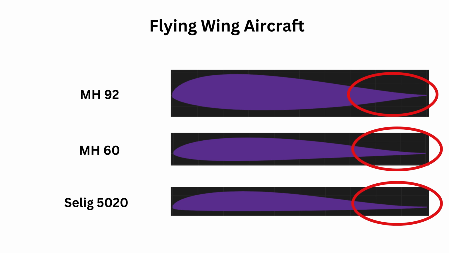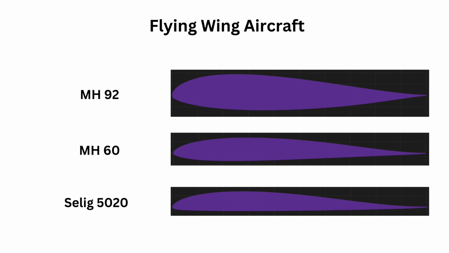This is usually done through what is called airfoil reflex, which is when the trailing edge of the airfoil is bent upwards. This has a similar effect to the up pitch produced by the horizontal stabilizer, but built into the airfoil itself. Some popular options for reflexed airfoils are the MH60, MH82, MH92, Selig 5020, and the Epler 186.